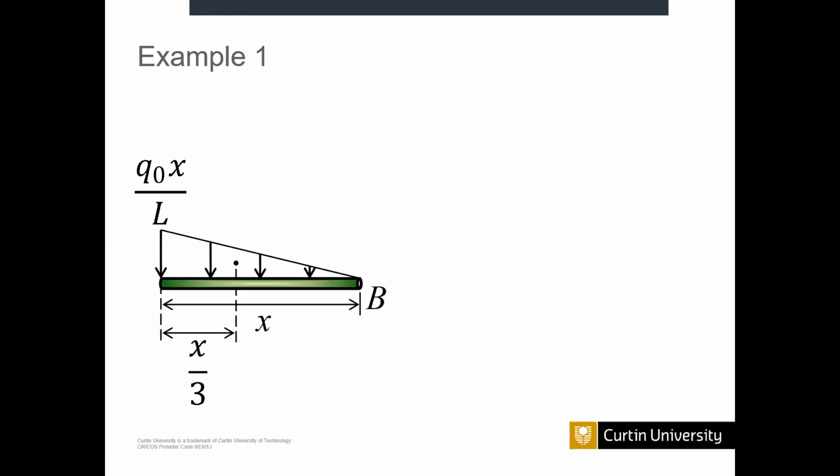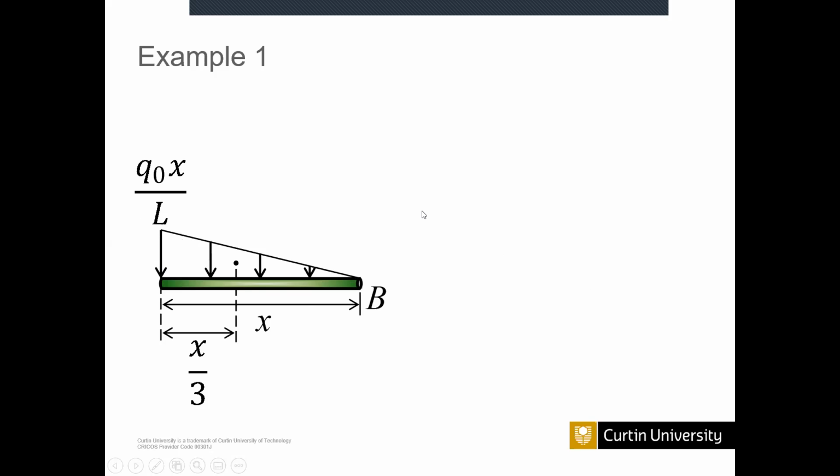Then the distributed load, from the point P to the selected point. You need to find out the load at this point due to this distributed load. How can we do that? We know the load q naught at length L, and it is 0 at the other end, so you know the gradient: q naught divided by L. This is like y equals mx.